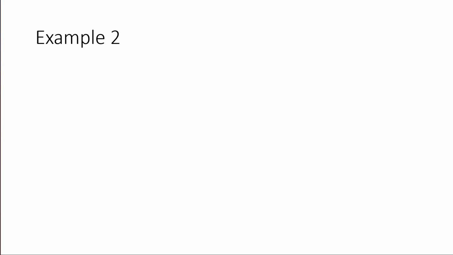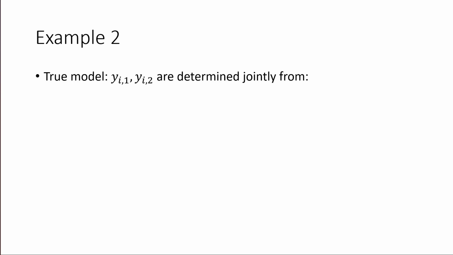That means that not only does this explanatory variable affect my y variable, but the opposite may be true as well. That is, the explanatory variable may be explained by the dependent variable. So in this case, these two variables are then endogenous and they are actually determined jointly from two specifications.